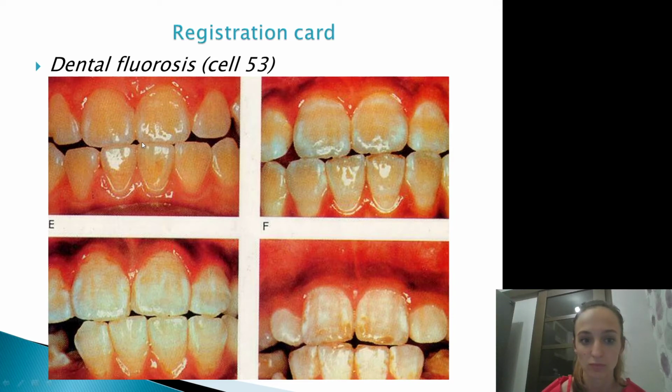Yellow spots, and here you can see yellow enamel and white spots on all of these. And on the last page is a very hard form of fluorosis.